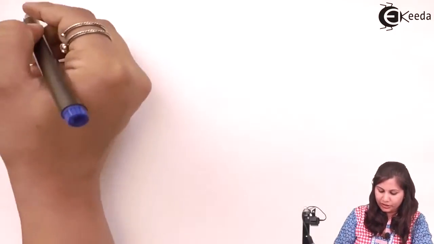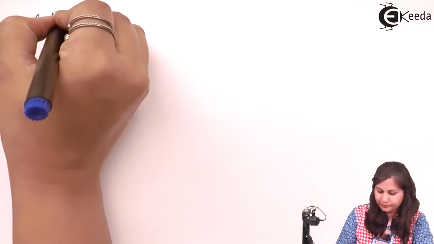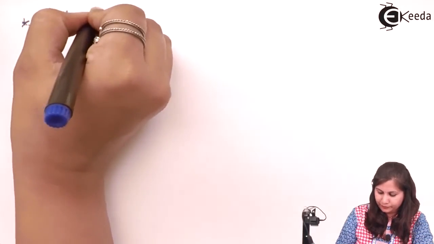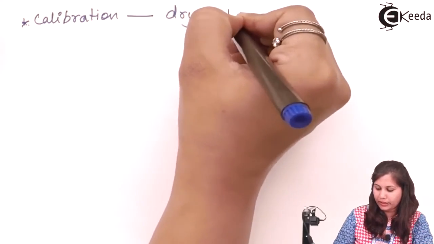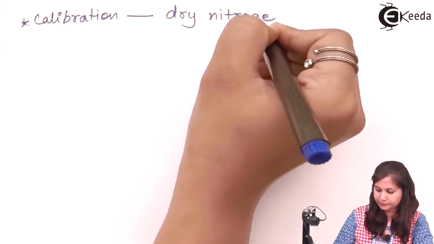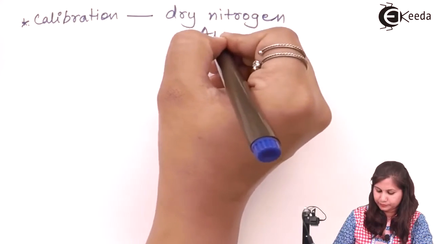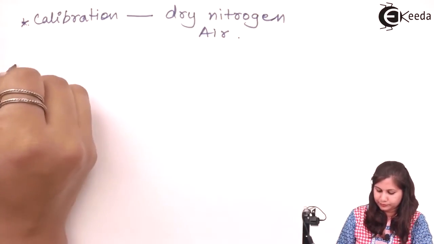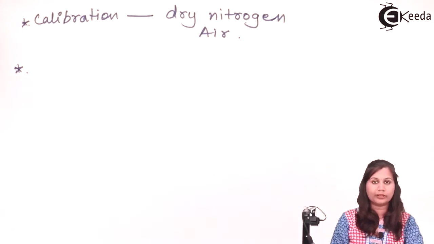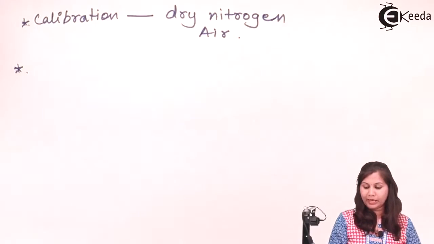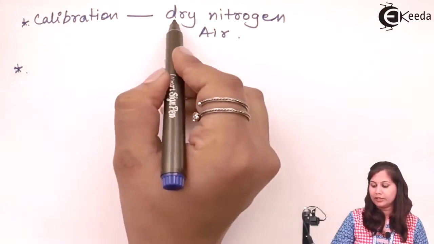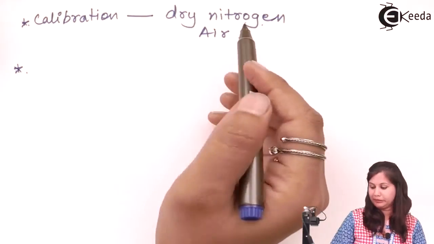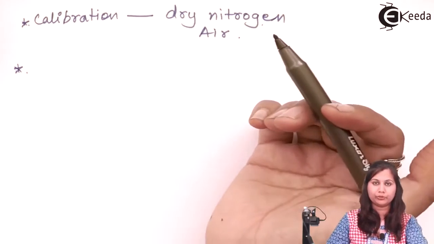So for calibration of these ionization gauges, either dry nitrogen or air is used. Calibration can be done using various types of gases, like dry nitrogen, which is most commonly used, and air can also be used.